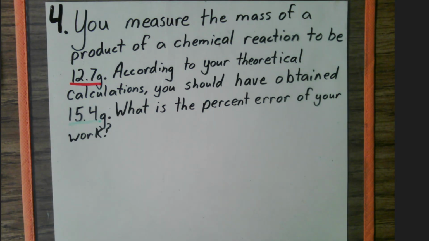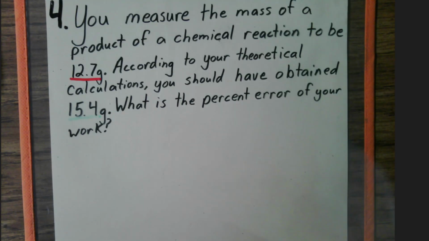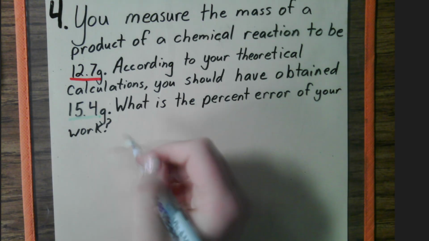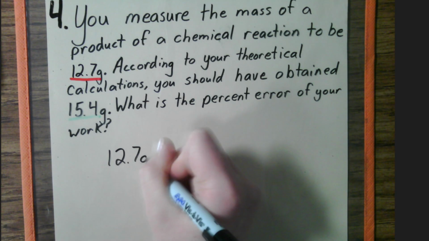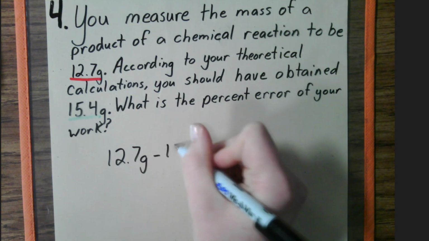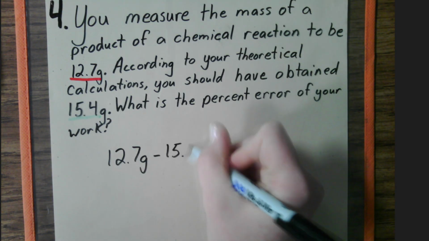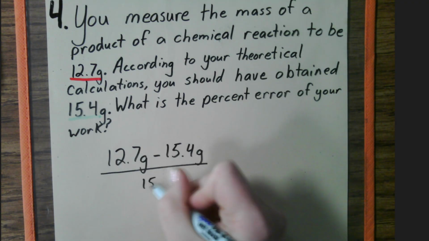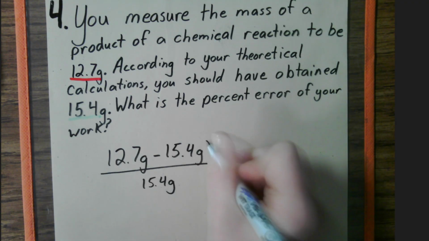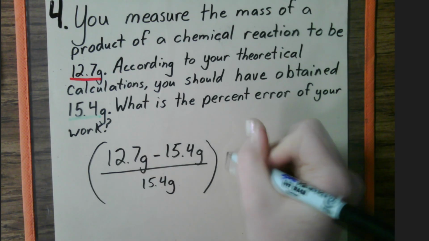So let's plug it into our formula. We first go with our observed, which is 12.7 grams, minus our expected 15.4 grams, over our expected 15.4 grams. Multiply all of that by 100%.